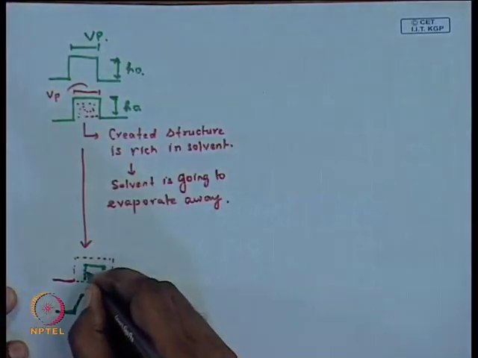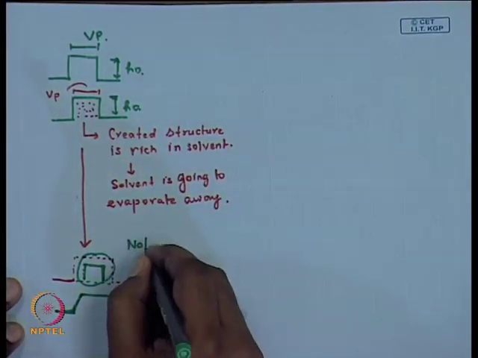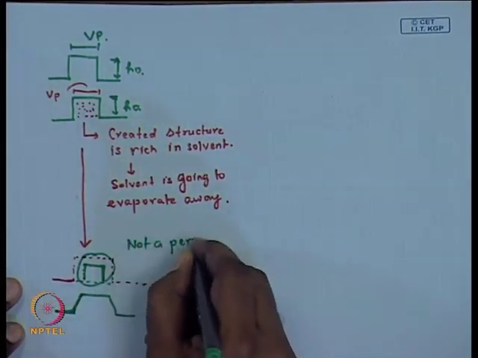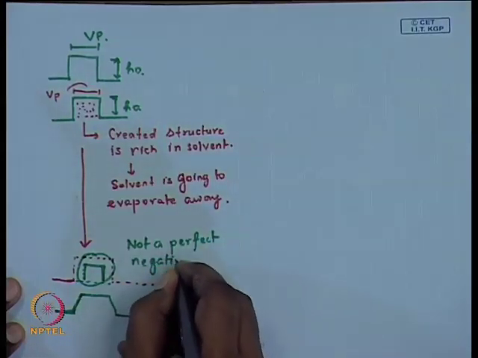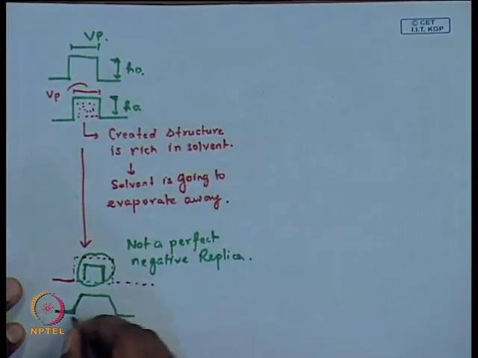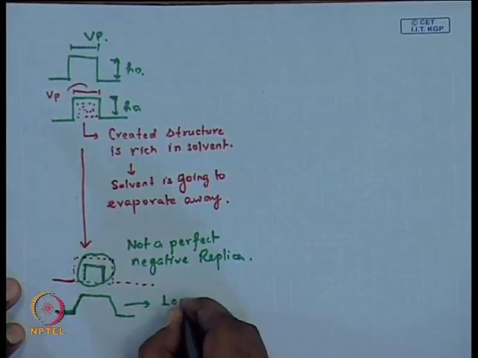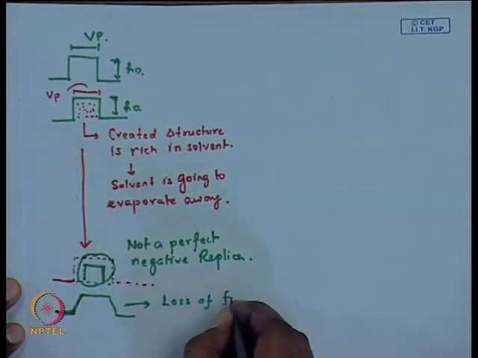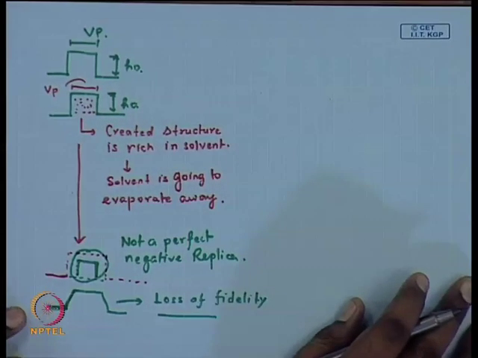So, if you look at this, you get some nice structures, but this is not a perfect negative replica. If your scenario is like this, it is even worse because there is loss of fidelity. So, these are the things that you have to consider.